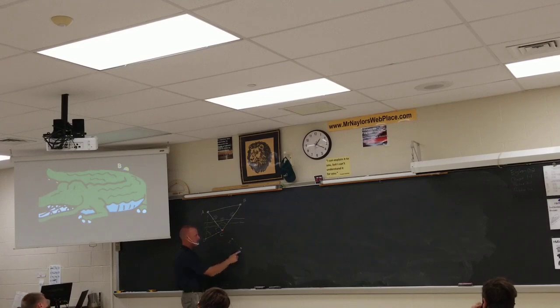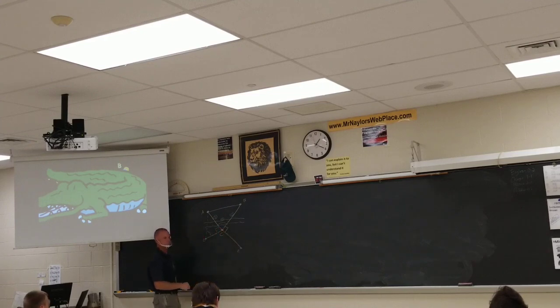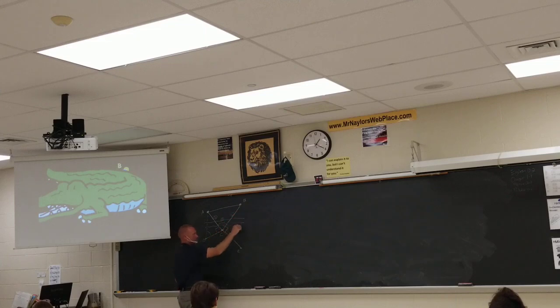So the location of point E will be kind of interesting during the lab, because you could place it anywhere as long as you get a right angle. And that you will do, so you can measure, and measure.